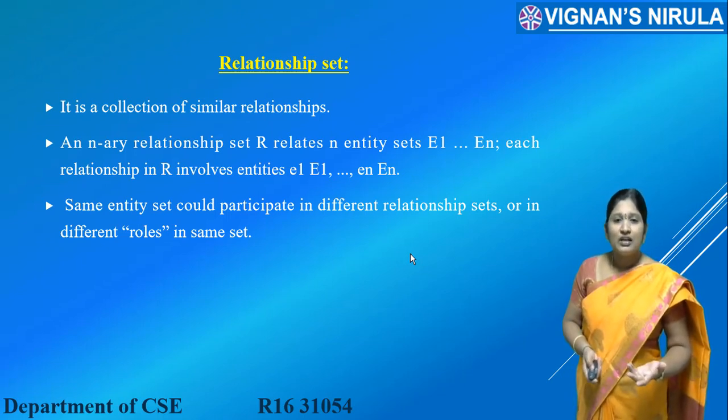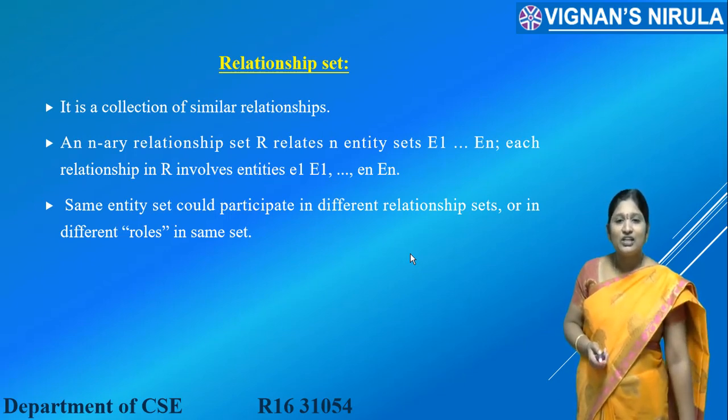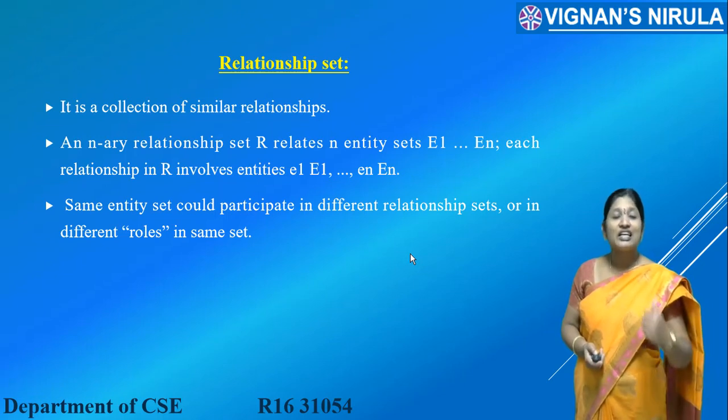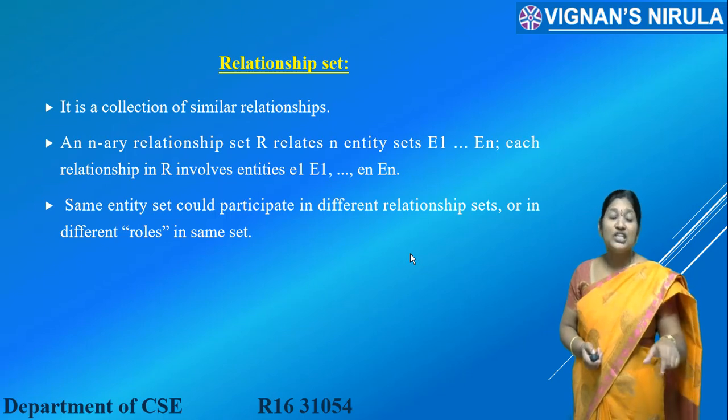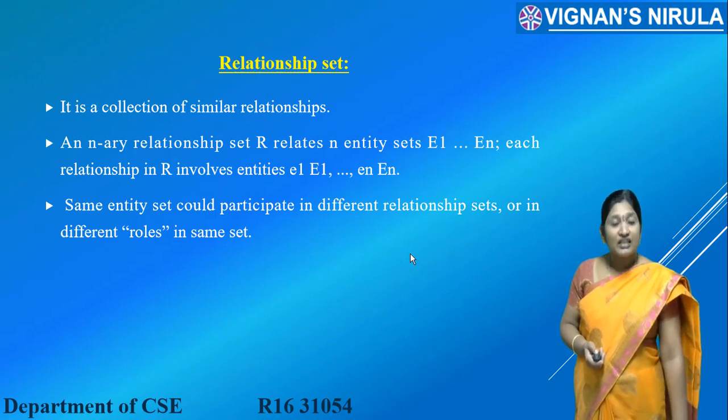That is, entities E1, E2, E3 and so on up to En in the first entity set can be related to the entities E1, E2, E3 and so on up to En in the second entity set by means of the relationship set. And in the ER model, the relationship set is depicted by means of a diamond symbol with the name of that relationship set written inside.